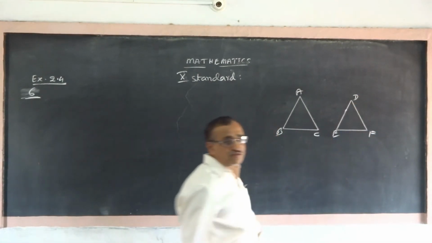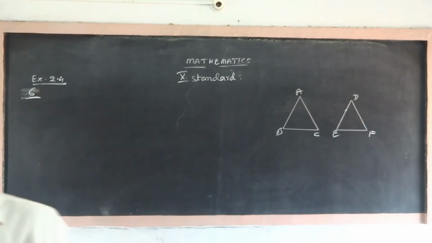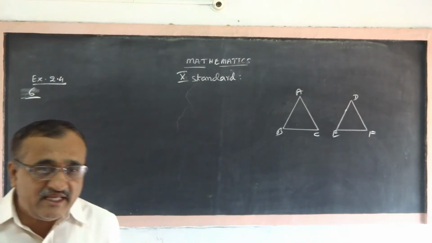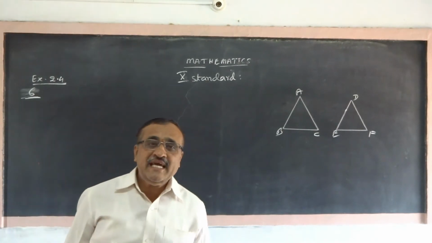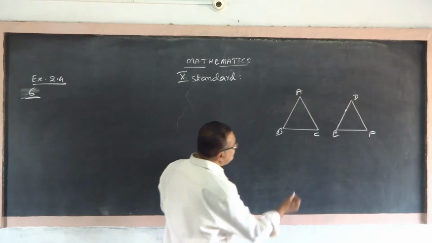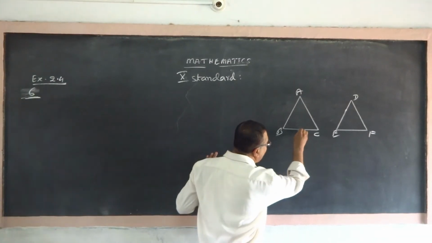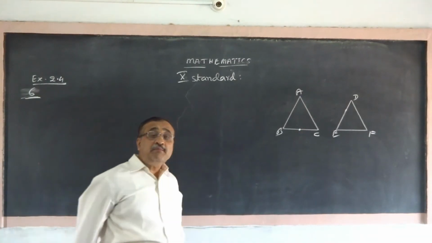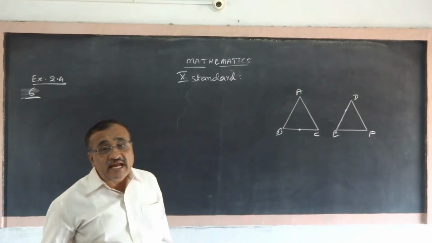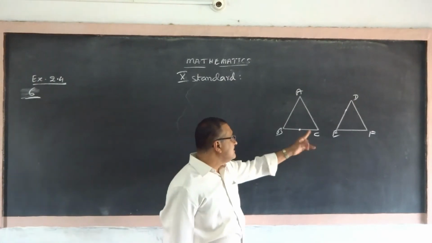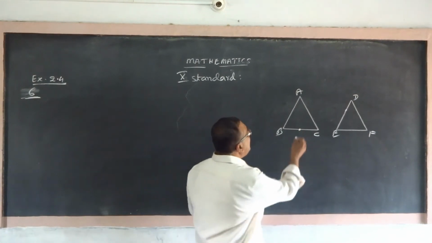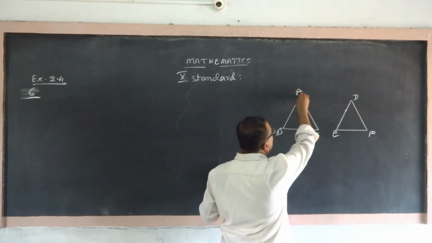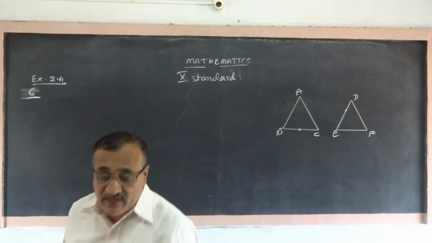Draw the medians. What do you mean by median? Median is the line segment which joins the midpoint of the side of a triangle to the opposite vertex. This is the side and this is the midpoint, and let us join this midpoint to A, the opposite vertex.